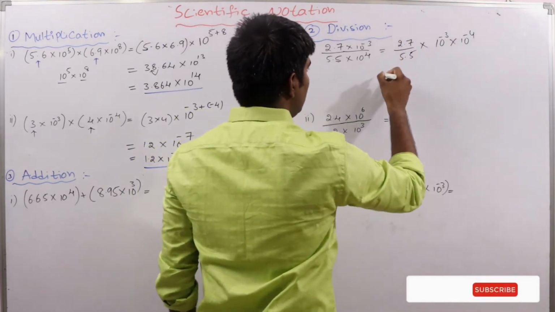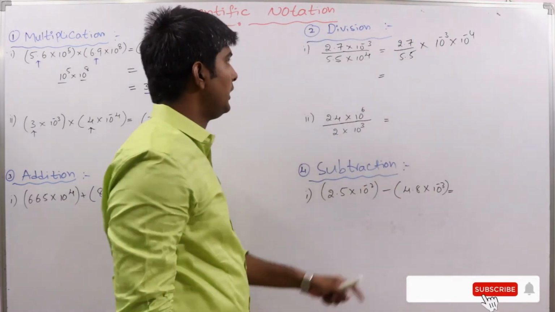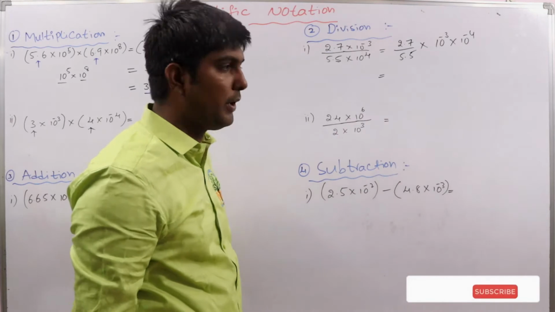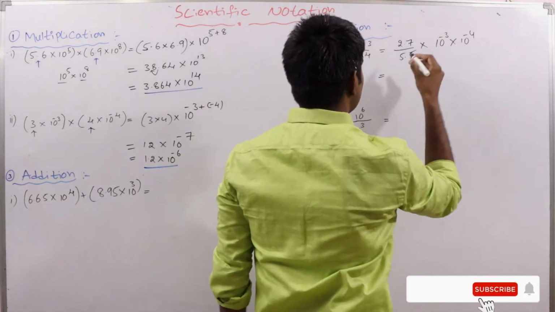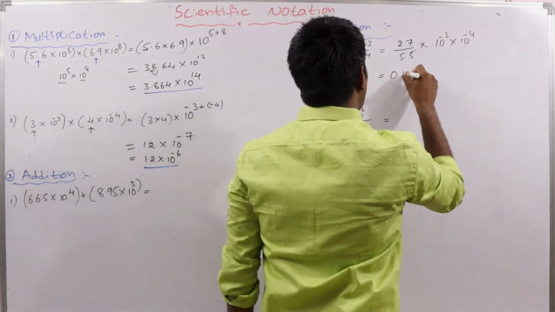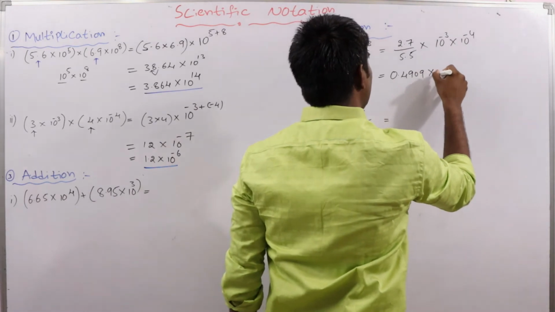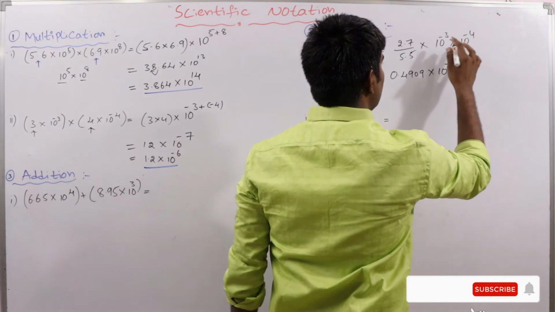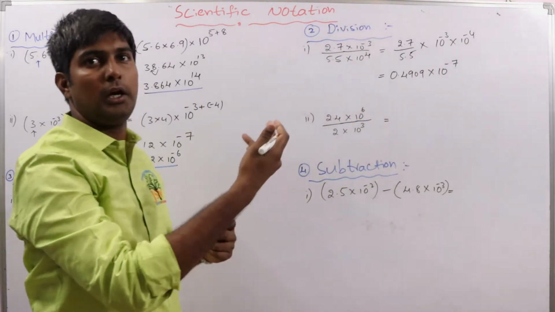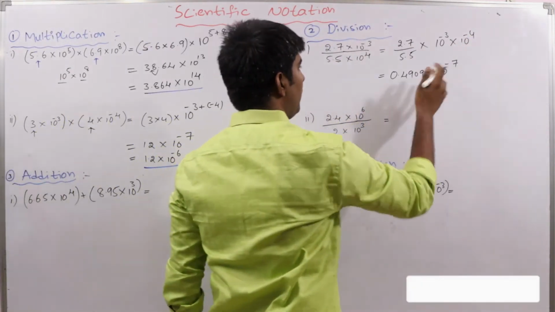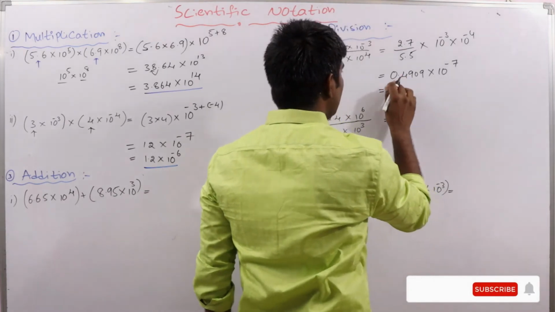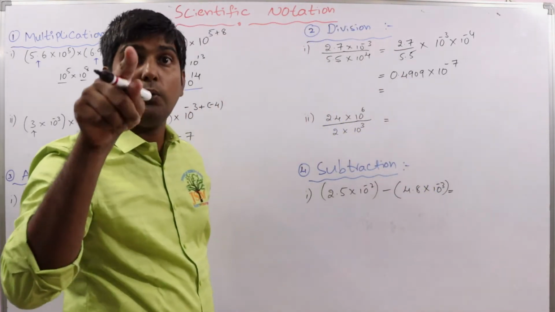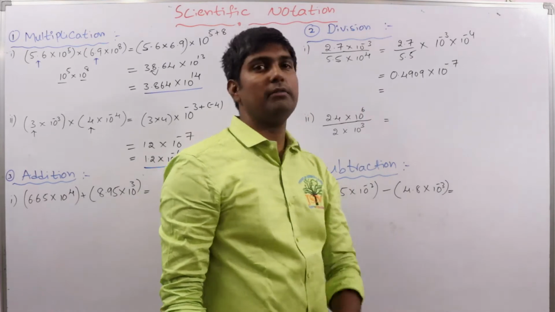Now if you divide 2.7 by 5.5, we get 0.4909 into 10 power minus 3 into 10 power minus 4. Bases are equal, so again we add the exponents, which gives 10 power minus 7. Again, we must have a non-zero digit to the left of the decimal point.